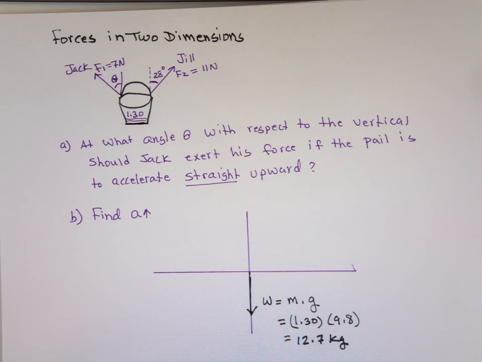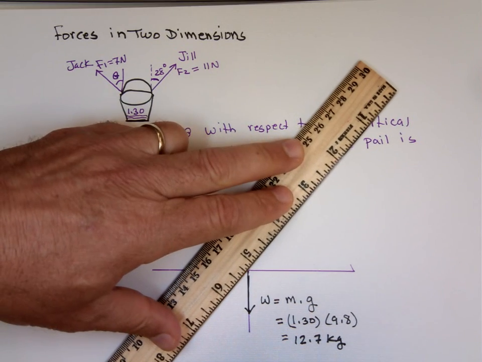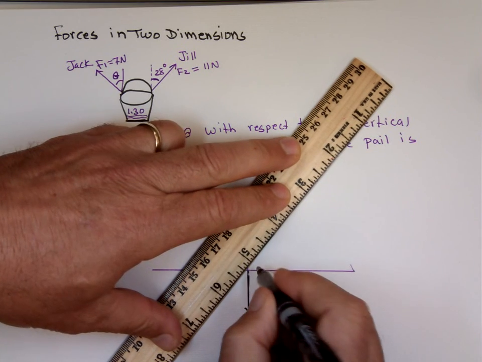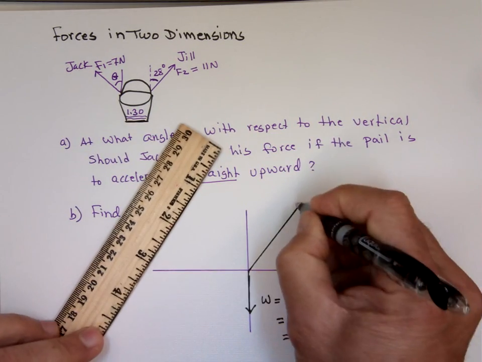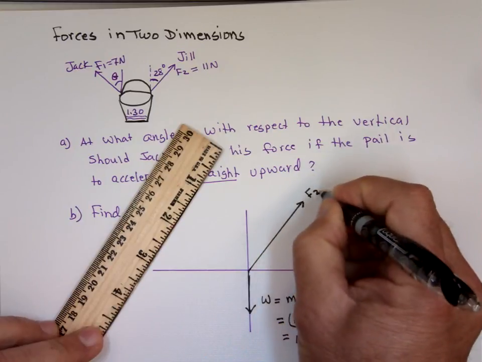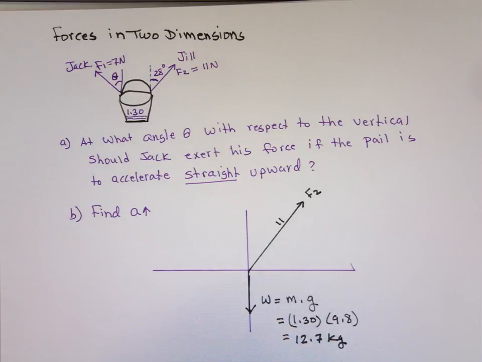What else do we know? I know there is a force in this direction. That's F2. The value of that is 11 Newton. And I like this angle.